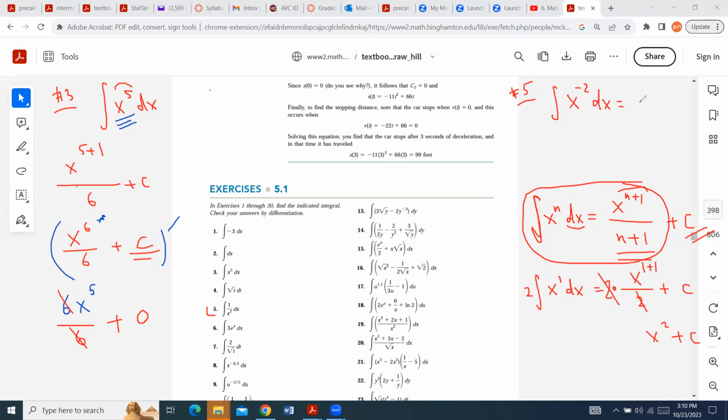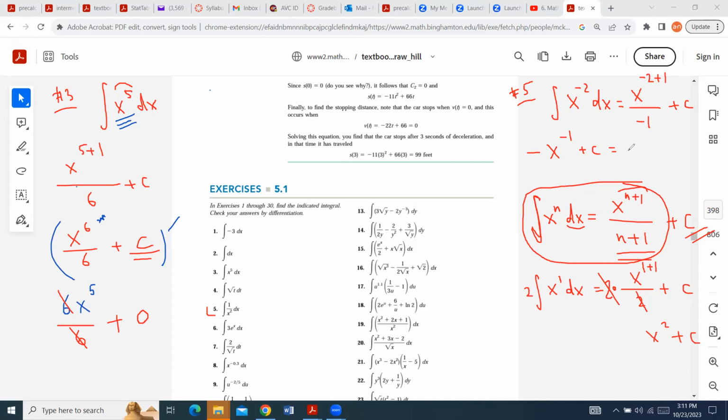And the formula says, take your power and add 1. Just add 1. And then divide by exactly the same result, so it's a -1. And don't forget to put the constant. So when I divide by a negative, it's going to be negative, and x will be raised to the power of -2 plus 1, which is -1, plus the constant.